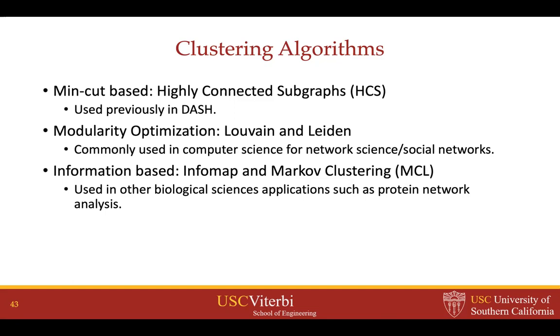We also analyzed InfoMap and the Markov clustering algorithm because we knew that they have been previously used in bioinformatics applications. Specifically, MCL, or Markov clustering algorithm, provides the option to control the granularity of the resulting clusters. So we checked four different values for the level of granularity, and we will be showing that.